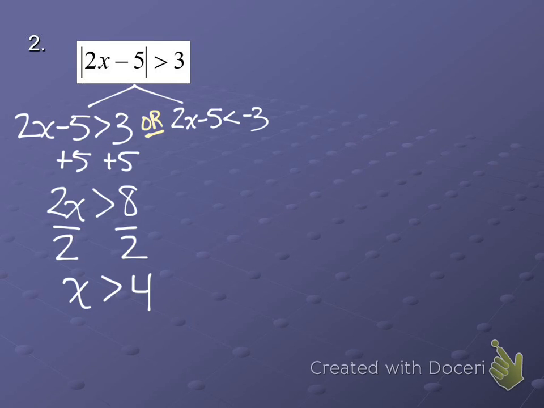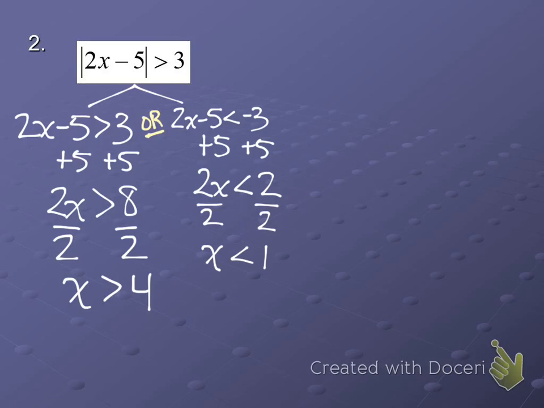Beautiful. On the other half, what do we do to solve? Wonderful. This time we have 2x is less than 2. Then x is less than 1. Again, what word do we have in between them? An or.